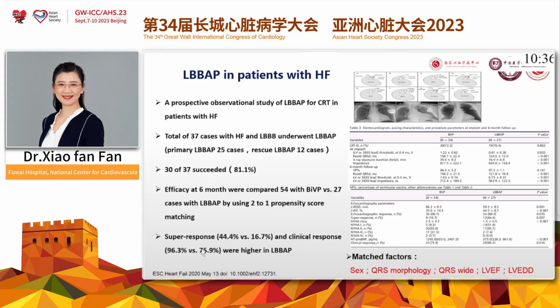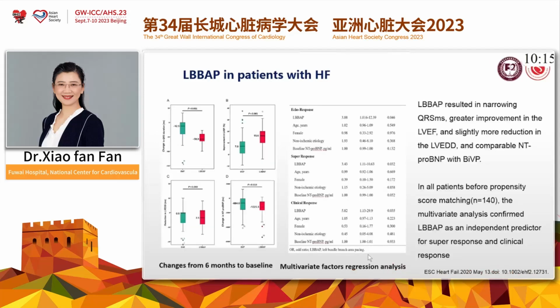And we also compared the patients with successful LBBAP and BIVP by using the propensity score matching method. We found the patients with LBBAP have a higher super response than patients with BIVP.